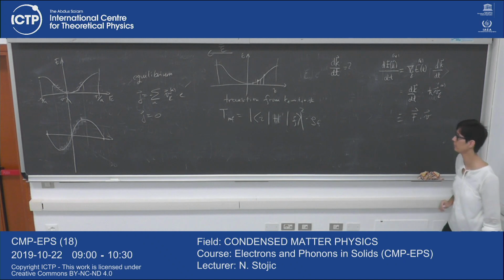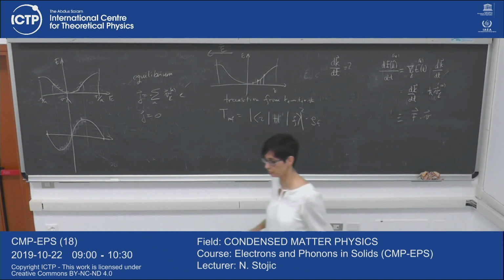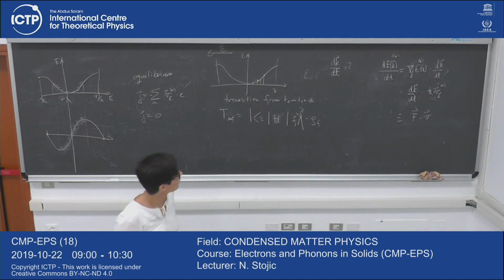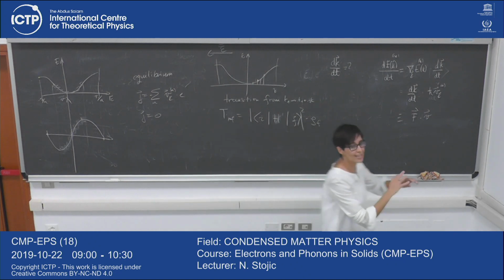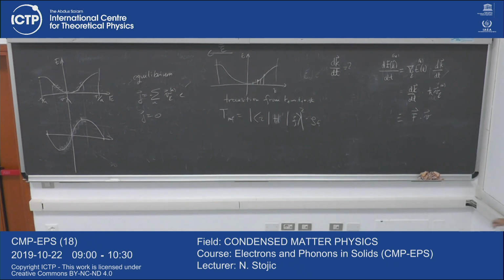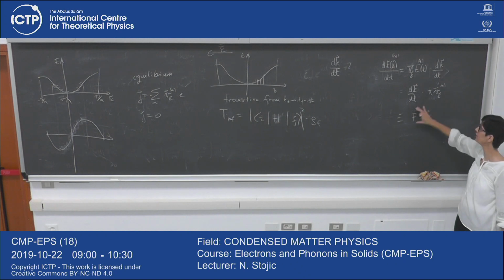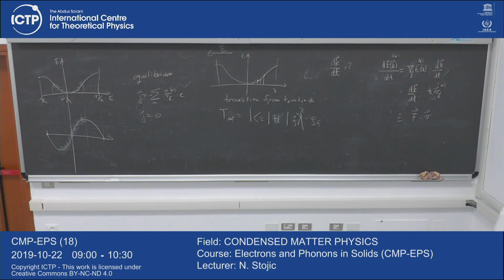And there is a proof in Ashcroft, in the appendix, I think, for what I'm going to do now. This is semi-classical, a very rough, intuitive approach. But it's very tempting to say, I have velocity times velocity, so this must be the force. But it doesn't have to be so.